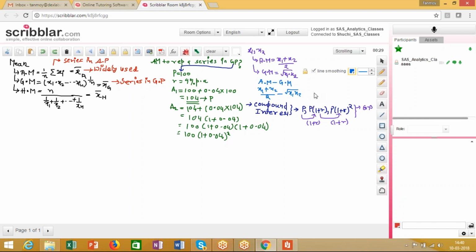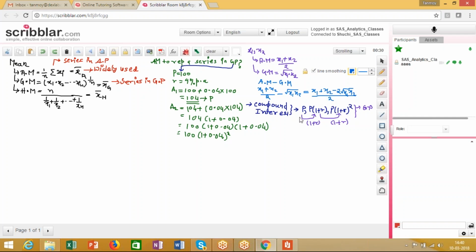Now if I calculate this value, what I'll get is (x1 plus x2 minus 2 root x1 x2) whole divided by 2.